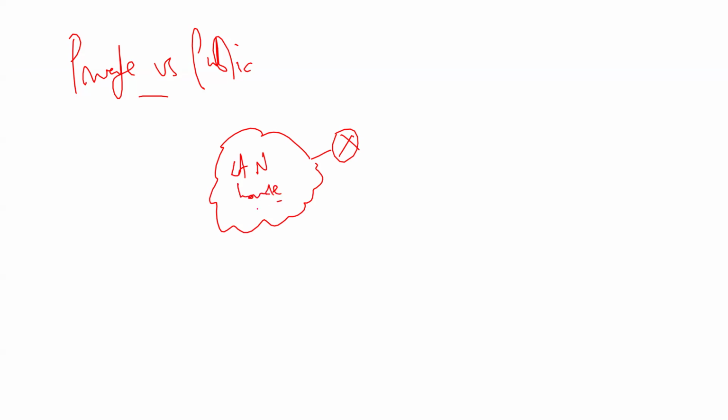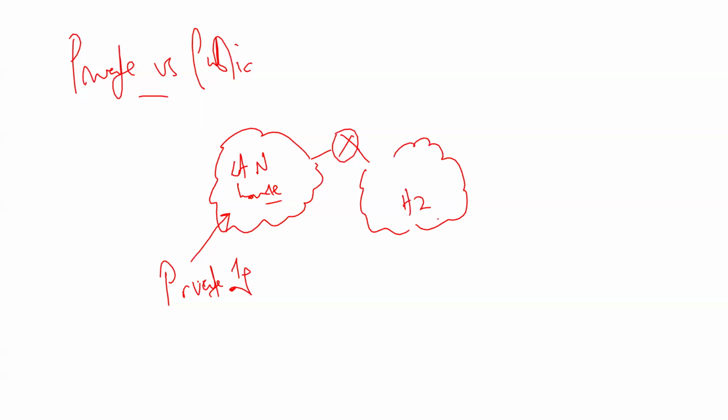So this is my home network. IP addresses in my home network are private. If I have another person at their home, home two, IP addresses here are also private.